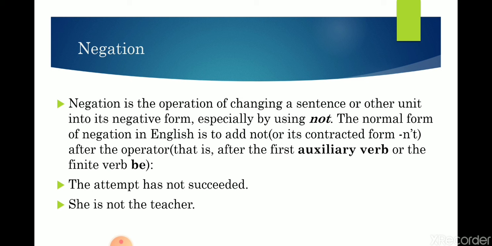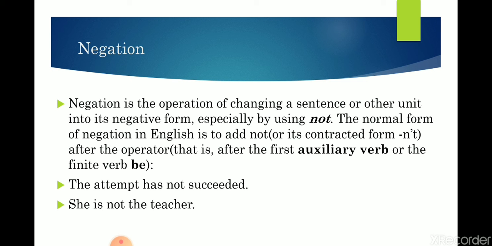The word not is used within the sentence after the operator of the sentence, which is the first auxiliary verb within the sentence. And also, it could be used with the verb be if we use it as the main verb within the sentence.